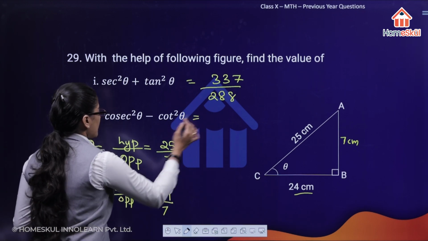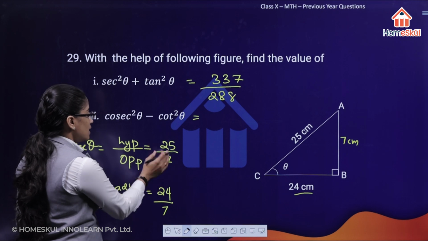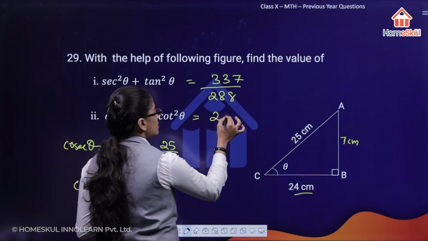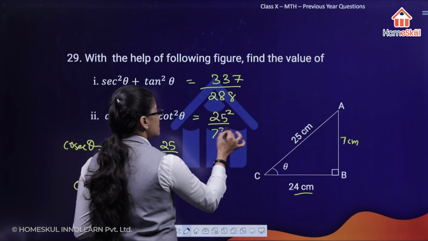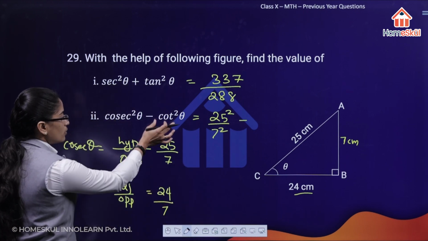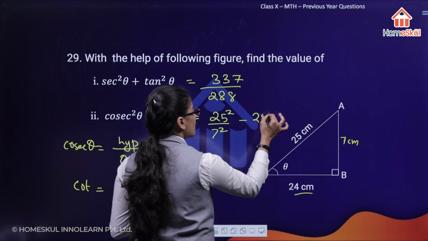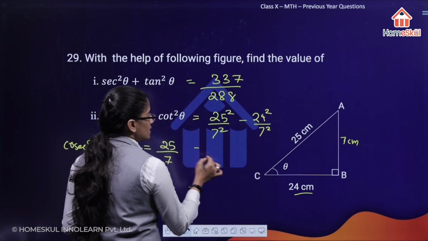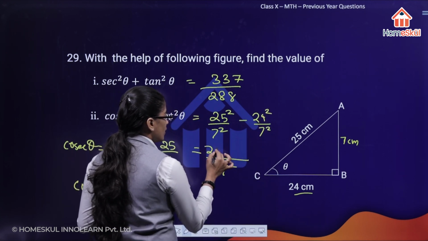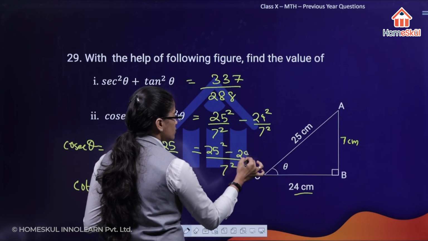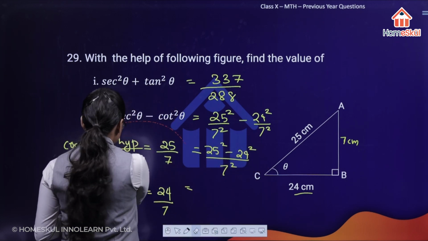Okay. So, cosec square theta is 25 by 7 the whole square, or 25 square by 7 square, minus cot square theta, which is 24 by 7 the whole square, or 24 square by 7 square. Taking 7 square common, 25 square minus 24 square. What is 25 square?